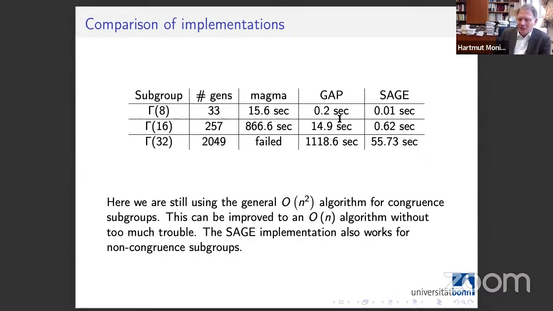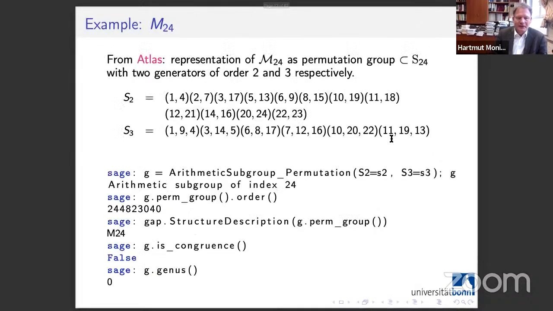If you do the same thing in GAP, which is again implemented by Helena Verrill, you use a long time with the Farey symbols to determine the generators of gamma 32. And in Sage, it's just a minute. So that's one thing I wanted to advertise for Sage. Now, this example I showed already last time, which is the example M24.